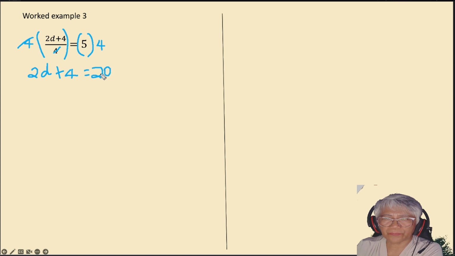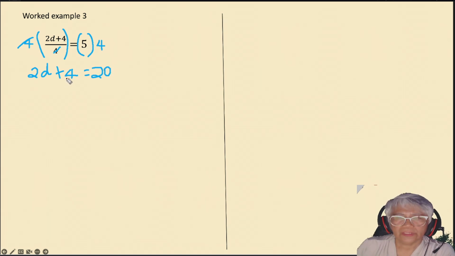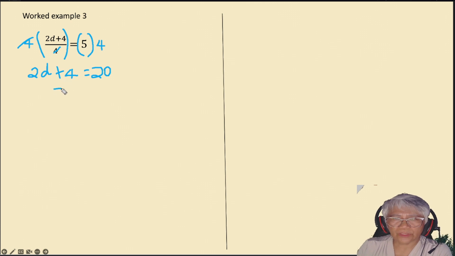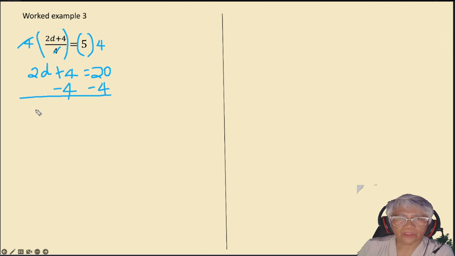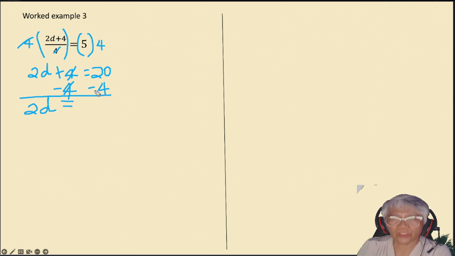Next, we need to get rid of the positive 4. We'll use the inverse operation, which is subtraction. So we need to subtract 4. This one will give you 2d is equal to, this will give you a 0, and this one is 20 and negative 4 we need to subtract.